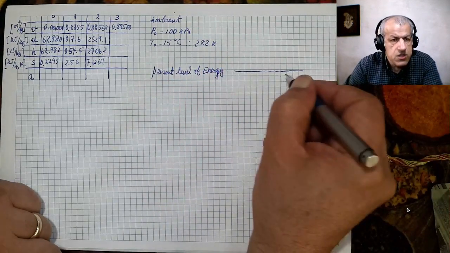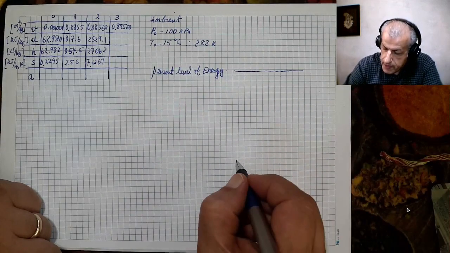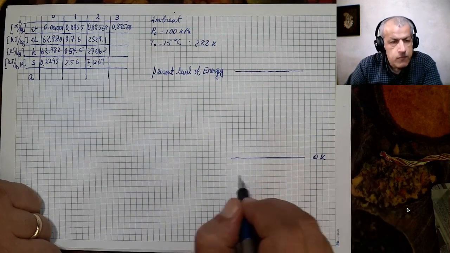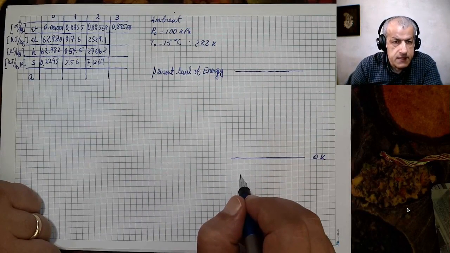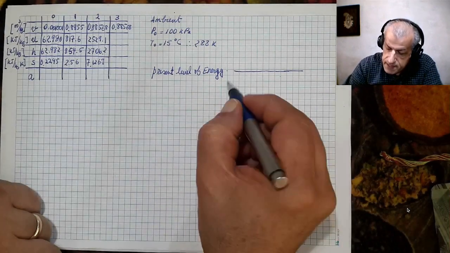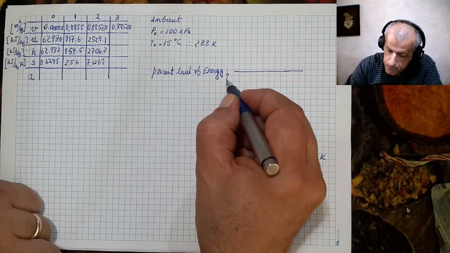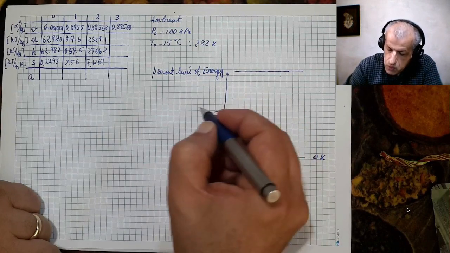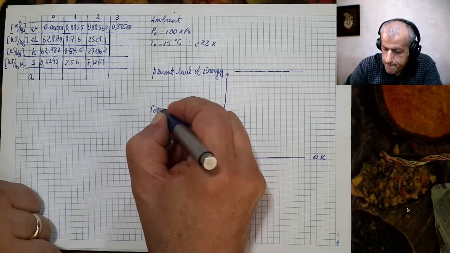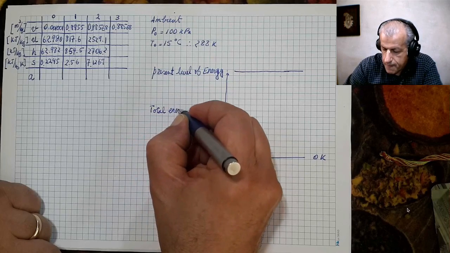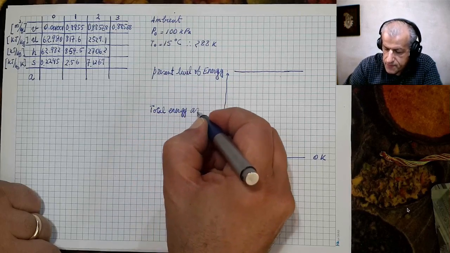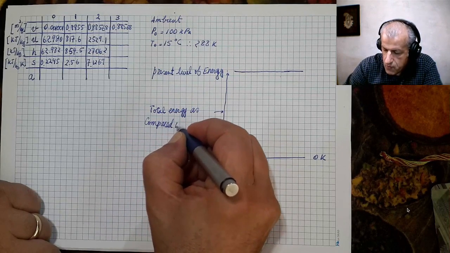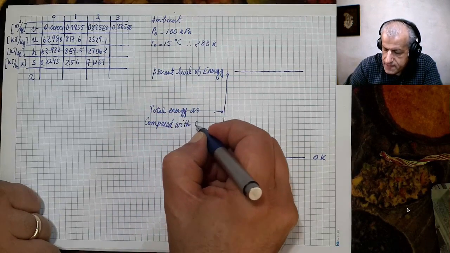But how do we judge this? Well, at least we know that there is 0 Kelvin, and we could say that this distance would be the total energy as compared with 0 Kelvin.